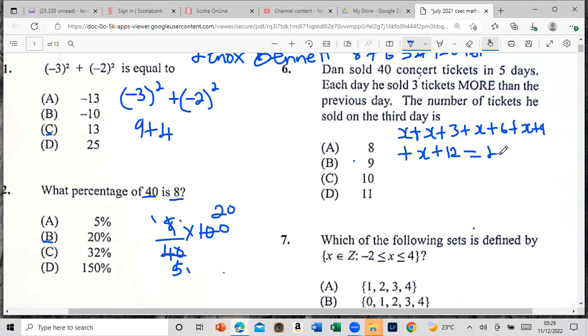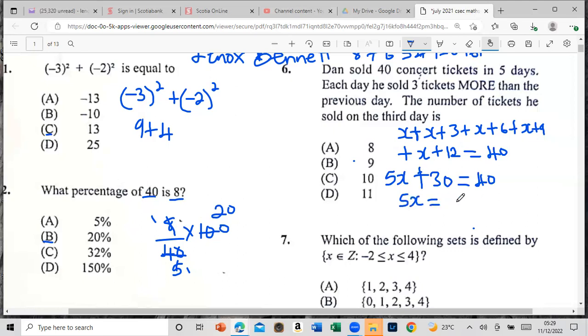And this must total 40. Let's put it in perspective. It's 5 days, so that's 5x. Out of all the x's, that should give us 5x. Let's add the rest now. 3 and 6, 9; 9 and 12, 21... so 3 and 6 is 9, 9 and 9 is 18, 18 and 12 is 30. So all we have to do is solve this equation and we get how many were sold on the very first day.